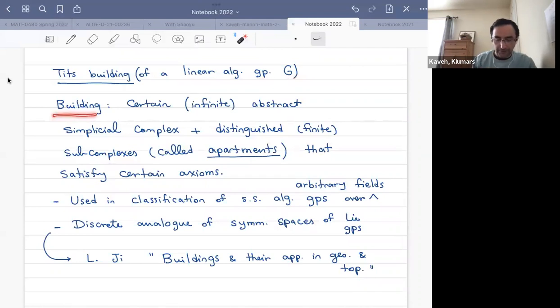Okay, so what's a building? It's an abstract simplicial complex, meaning a set which represents vertices of a simplicial complex, and simplexes are subsets of this abstract set of vertices, where each subset represents the simplex with those vertices.